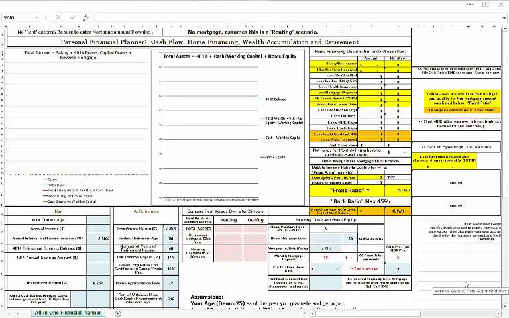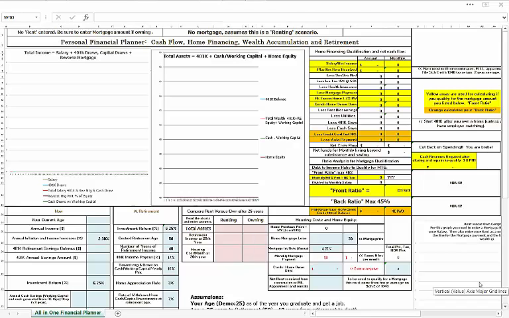Then whatever we're saving is going to reduce our net cash flow for funds for living. Living being having fun and enjoying life and those sorts of things. So we need to always have a net positive cash flow.